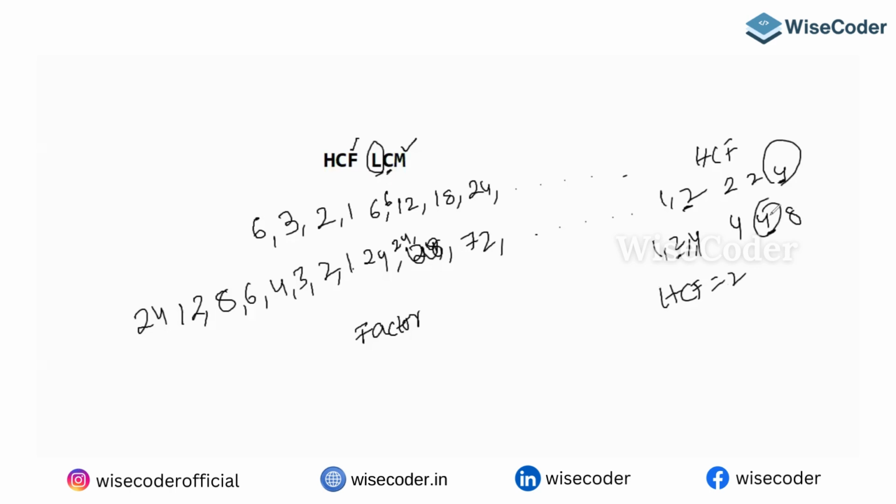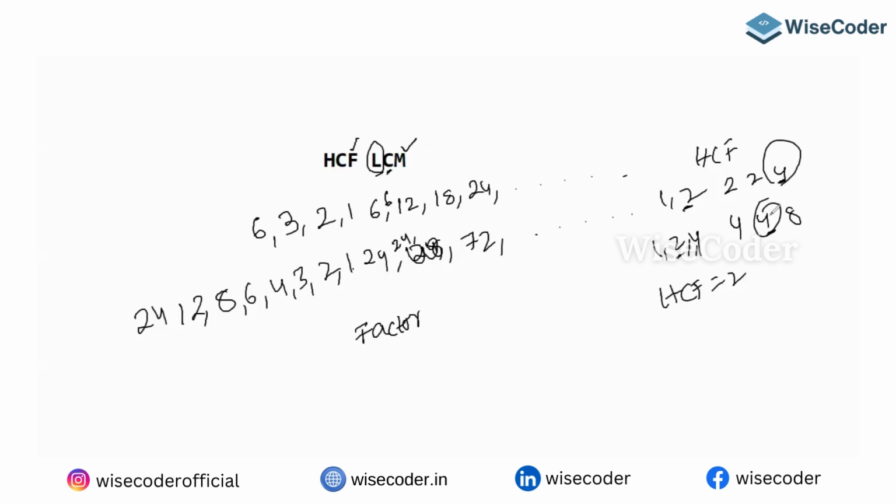Please understand the meaning. What do you mean by a factor, and what do you mean by a multiple? First we'll see HCF. What do you mean by HCF? Highest common factor.